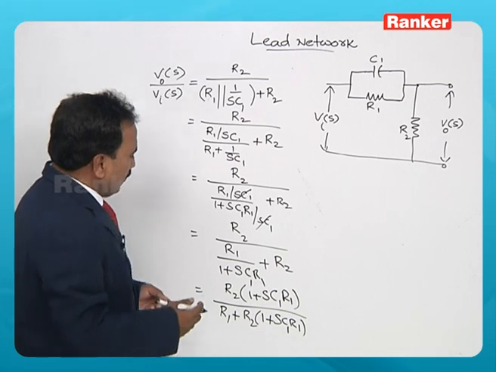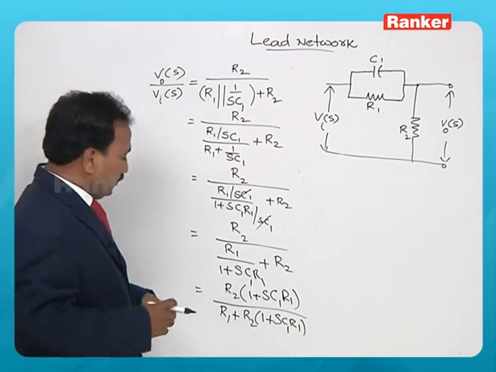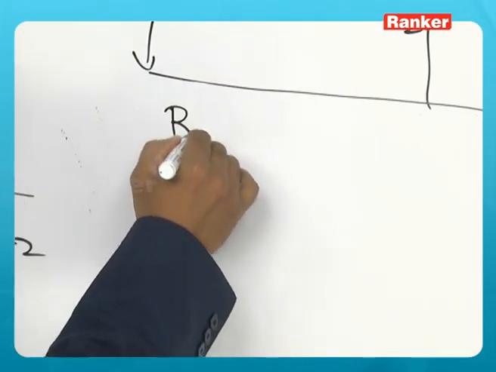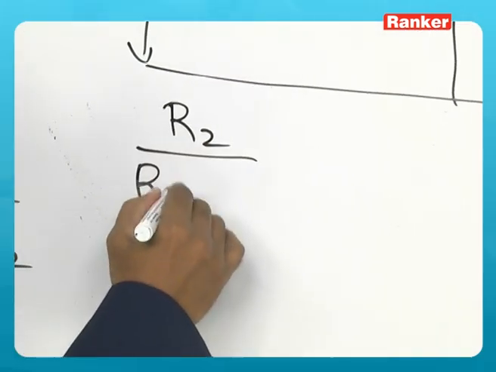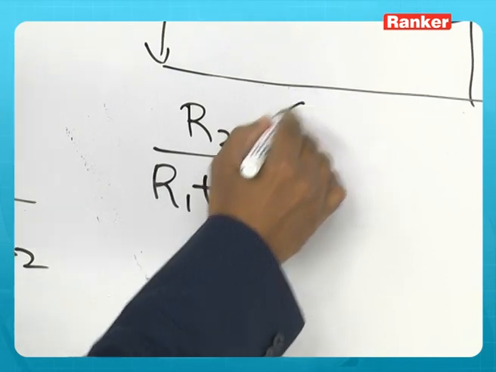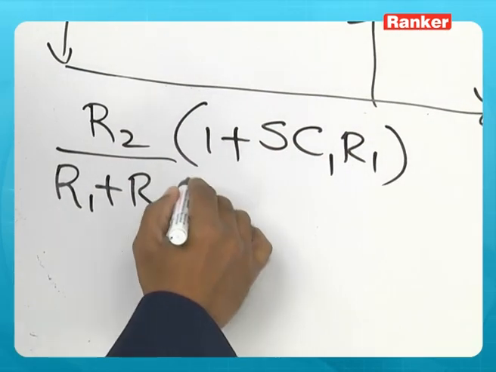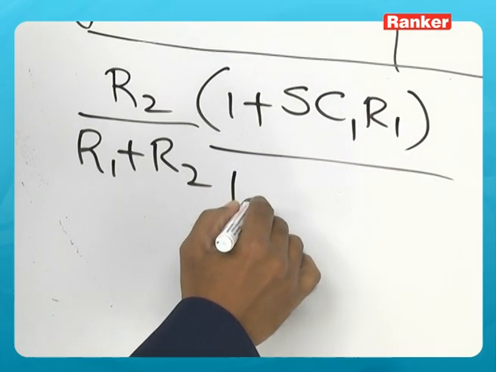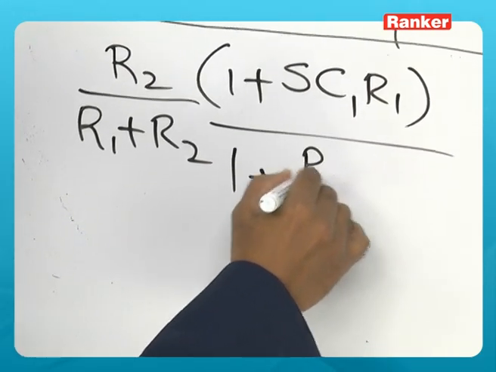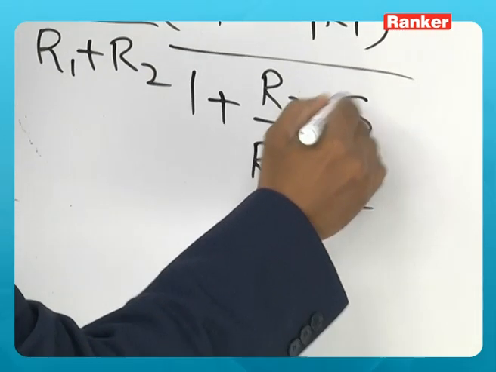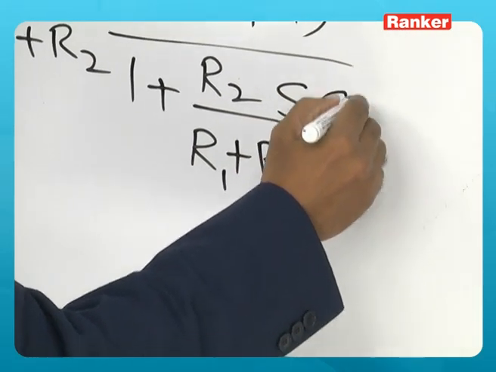The further simplification of this transfer function of a lead network is given by R2 by (R1 plus R2) into (1 plus SC1 R1) by (1 plus R2 by (R1 plus R2) SC1 R1).